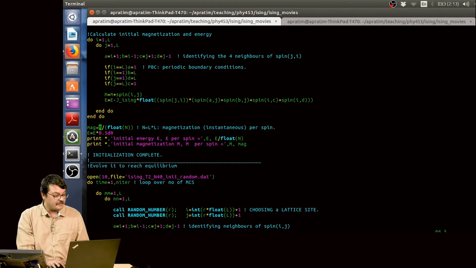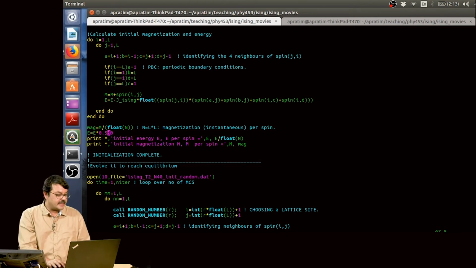Here, mag is essentially the magnetization per spin. When I say magnetization, I mean the instantaneous magnetization, the magnetization of a particular microstate, the value of the magnetic moment of a particular microstate, right. So, that is m divided by float n, n being the total number of spins in the lattice.